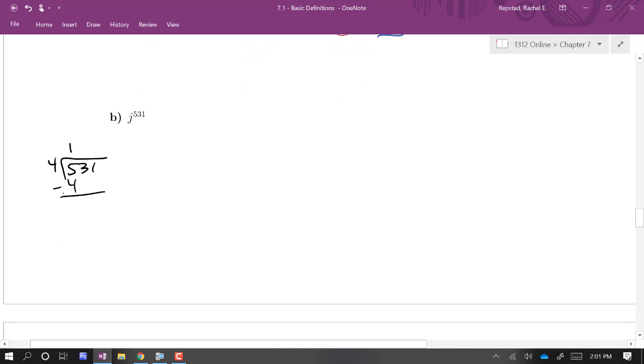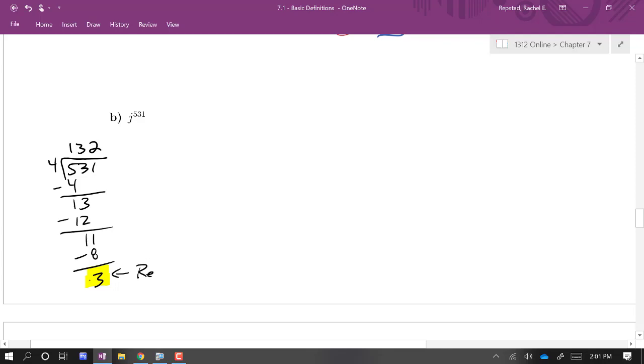Subtract, that's 1, bring down the 3. 4 goes into 13, 3 times. 3 times 4 is 12. Subtract, that's 1, bring down the 1. 4 goes into 11 twice. 4 times 2 is 8. Subtract, that gives us 3. Now there's nothing left to bring down. This is our remainder.